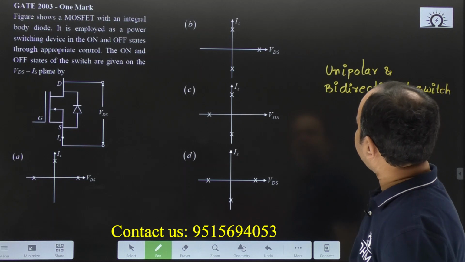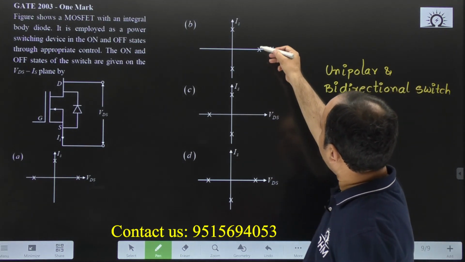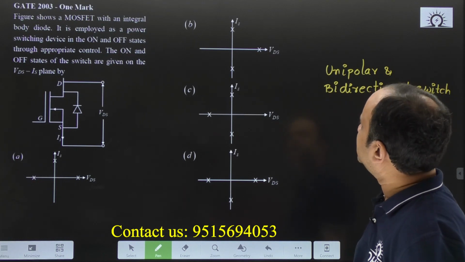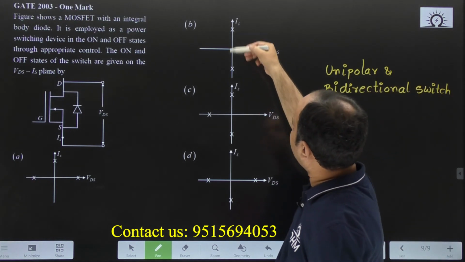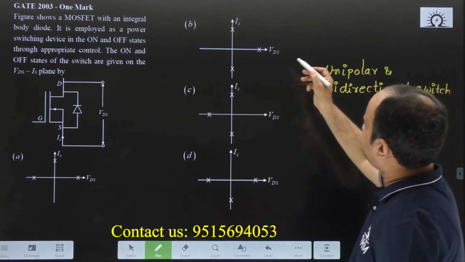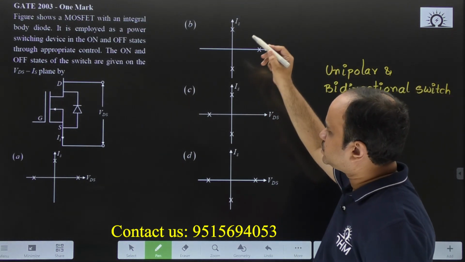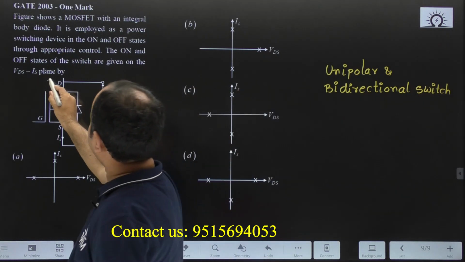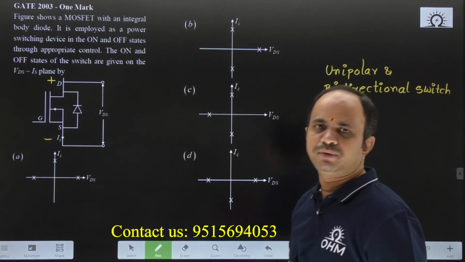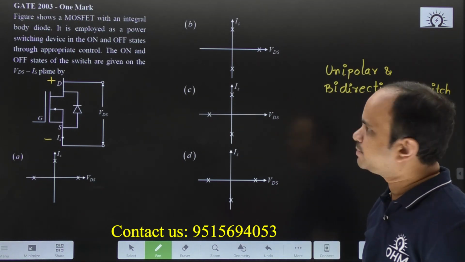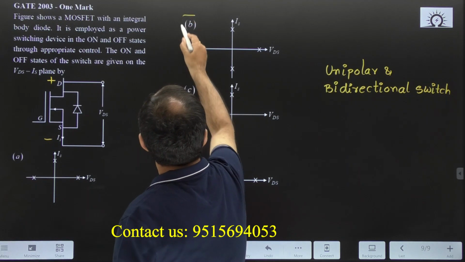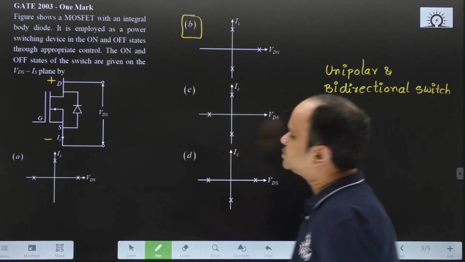Therefore, from these given options, it is unipolar, and because of that internal body diode, it will be bidirectional, current can flow in both the directions. Again, unipolar means it will block the positive voltage. What is that positive voltage meaning? When the drain terminal is more positive than the source terminal, the switch will behave like a turned off switch. Therefore, for this question option B is the correct answer.